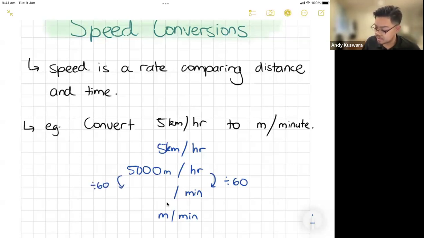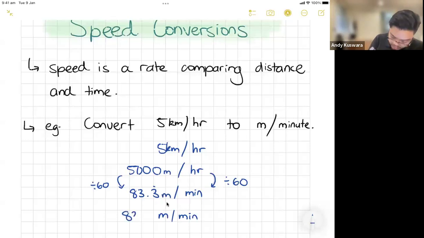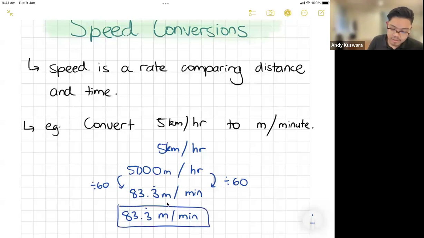So I'm going to go 5,000 divided by 60. It's not going to be the nicest number, but I've got roughly 83.3 and then dot, dot, dot. So I'm just going to write 83.3 repeating meters per minute. And that's it. We are there. I've successfully converted kilometers per hour to meters per minute.